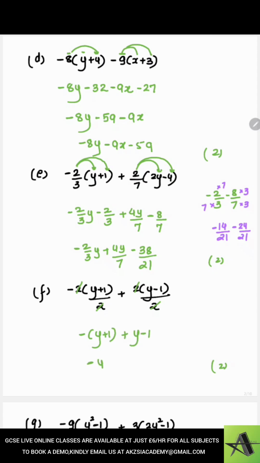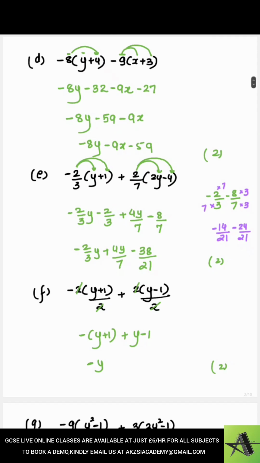If there is a minus sign outside the bracket, it means it's minus 1 actually. So minus 1 times y is minus y, and minus 1 times plus 1 will give you minus 1. Plus y minus 1. On simplifying, we'll get the answer as minus 2.